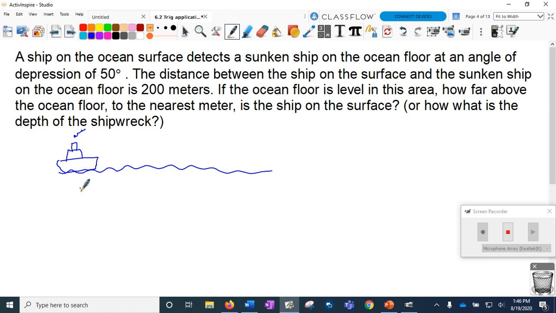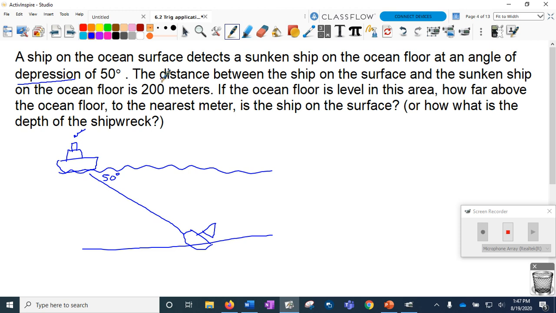I mean, not directly beneath it, but at an angle of depression of 50 degrees. It has to look downwards at 50 degrees. Now, where we put that 50 degrees is very important. Angle of depression has to be measured from the horizontal. So 50 degrees would go right here. Okay, here's the ocean floor. There's another sunken ship right here. Okay, don't make fun of my drawings.